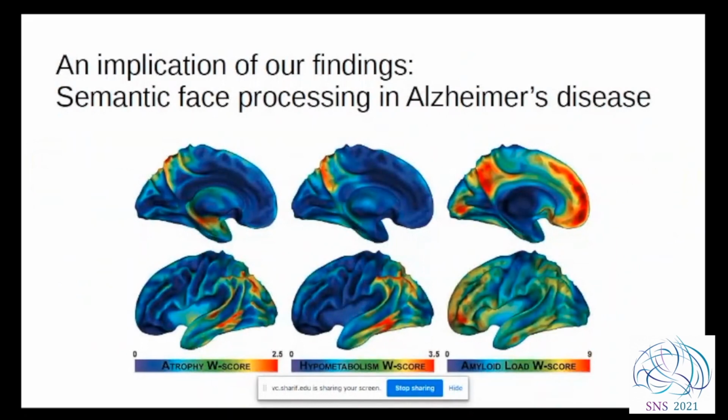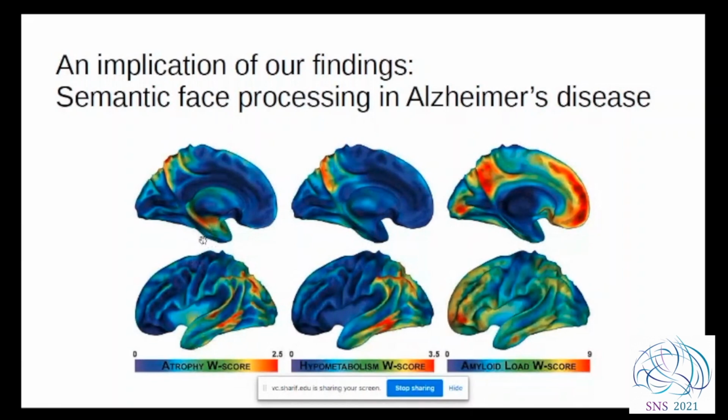At the end, I want to mention one of the implications of our findings, which is in Alzheimer's disease. So if we look at the pattern of pathology in Alzheimer's disease, here I'm showing you three maps. The first one is the map of cortical atrophy. The second one is the map of hypometabolism, and the third one is the map of beta amyloid deposition.